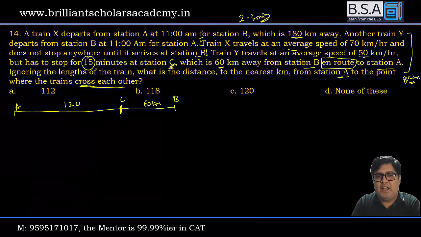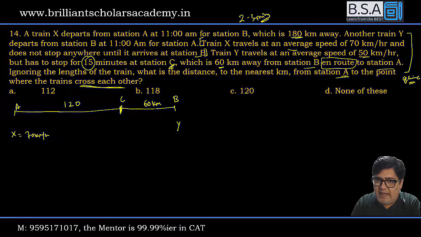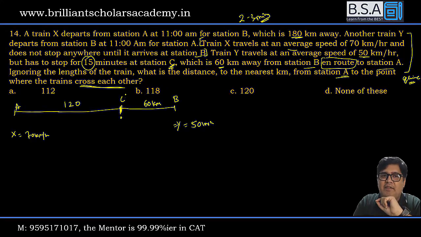There should be 120. There is a train X traveling at 70 km/h. There is a train Y traveling at 50 km/h. But there is a stoppage here. There is a 15-minute stoppage here.